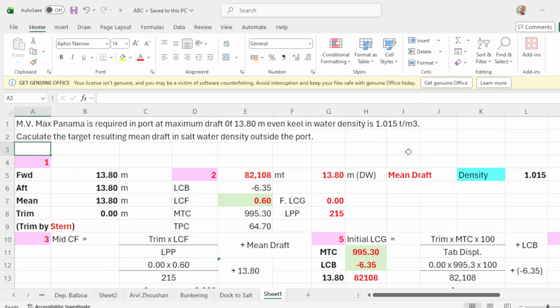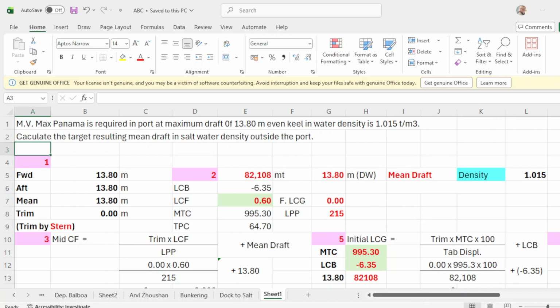What will be his draft in salt water prior to arrival at berth with the density 1.015, and arrival draft will be 13.80.